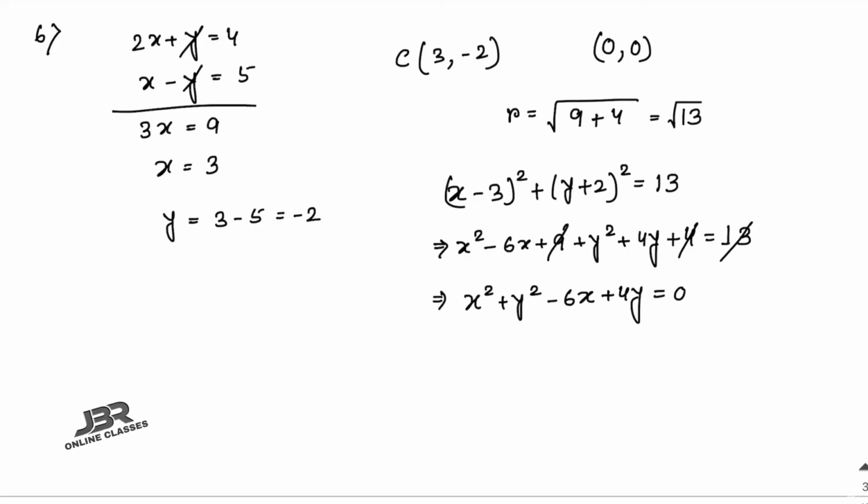Now next, sum number 7. In sum number 7, find the equation of the circle whose two diameters lie along the lines 2x minus 3y plus 12 equal to 0 and x plus 4y minus 5 equal to 0, and has area 154 square meters.